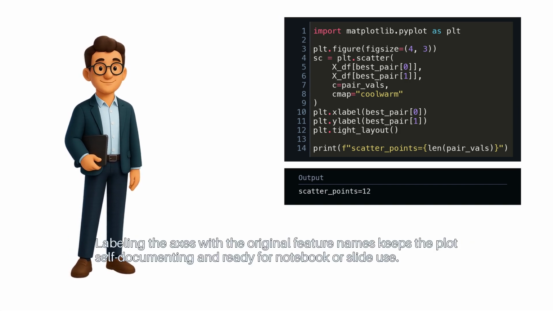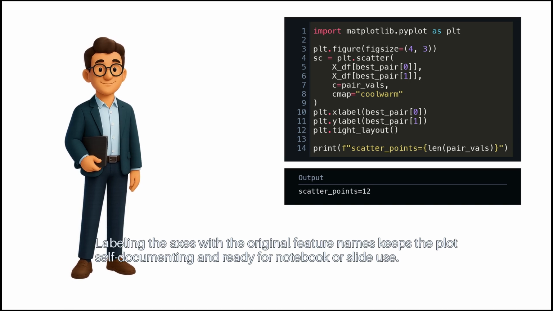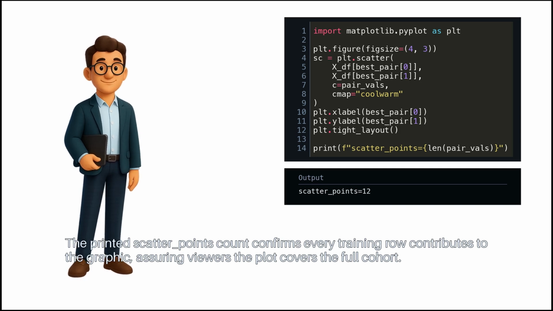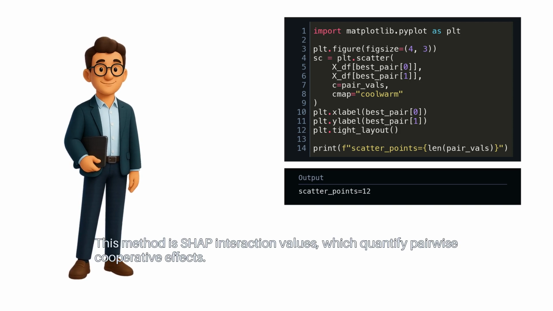Labeling the axes with the original feature names keeps the plot self-documenting and ready for notebook or slide use. The printed scatter points count confirms every training row contributes to the graphic, assuring viewers the plot covers the full cohort. This method is SHAP interaction values, which quantify pairwise cooperative effects.